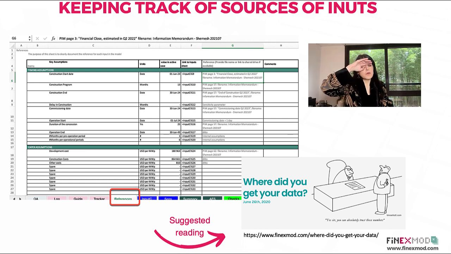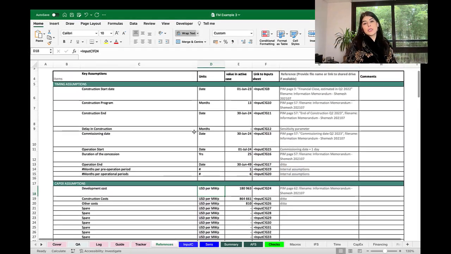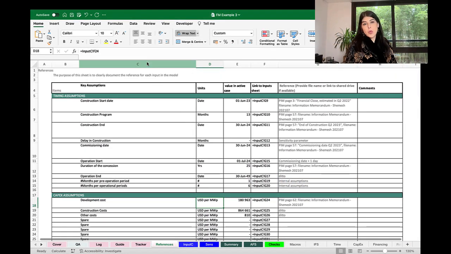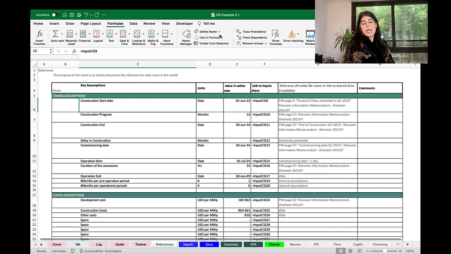In terms of review of assumptions, here is another housekeeping hint. One thing that I started applying many years ago is to include a simple worksheet in my financial models that I called resources. And this worksheet contains all the assumptions that go into the model.